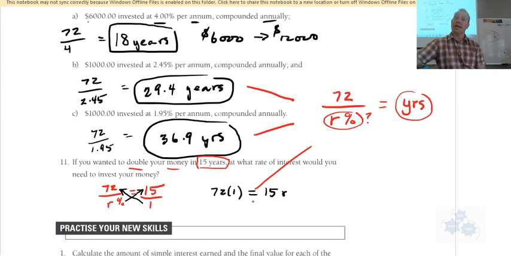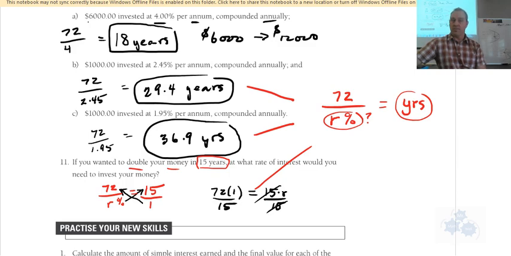So now what do I do as the second step to get R by itself? You don't want to times each side by 15. Instead, see 15 is already multiplied by R, so we want to divide both sides by 15. You were very close. Now this 15 is going to divide out with that 15.